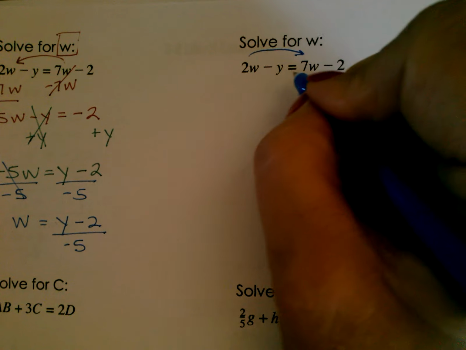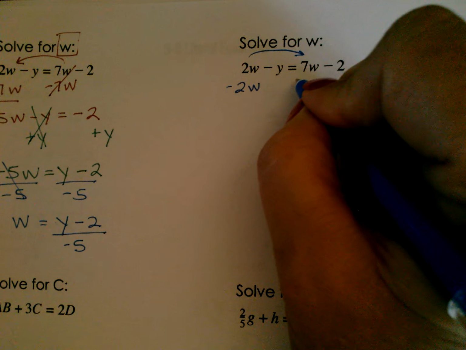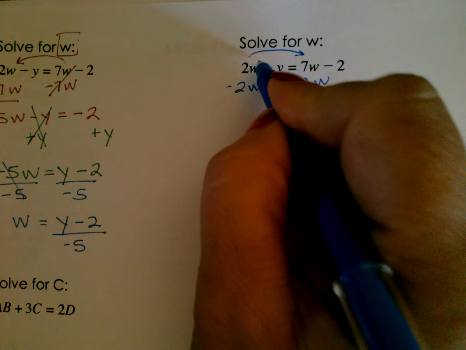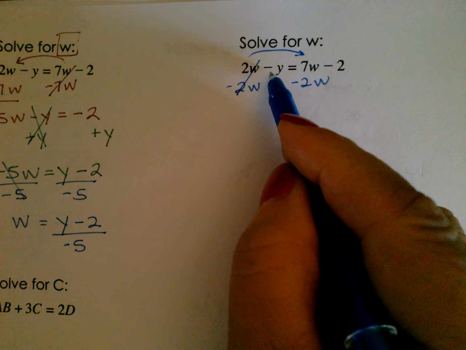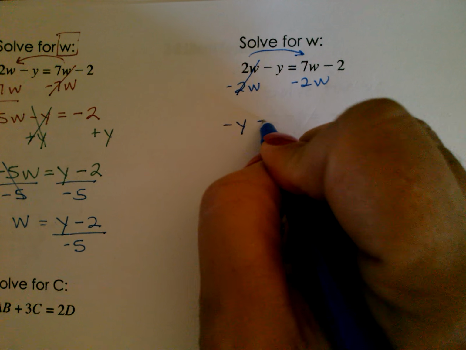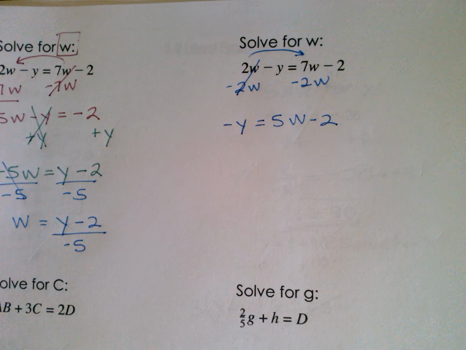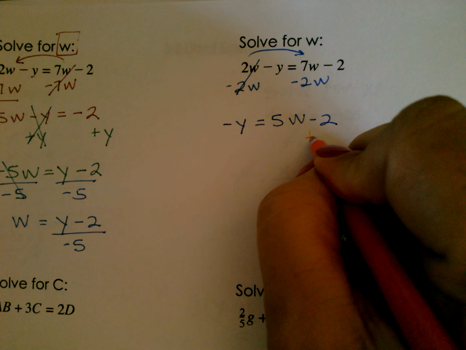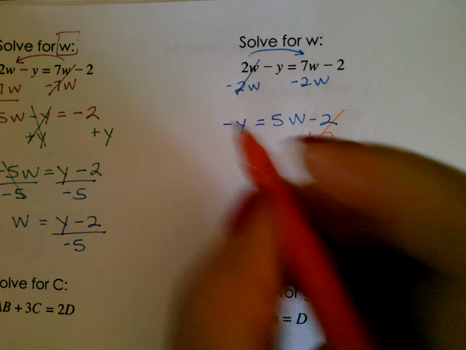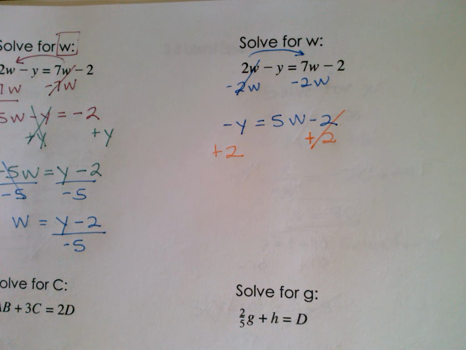I will now move my 2W's to the right. So I will subtract 2W's from both sides. Be very careful not to lose the negative sign. With a goal of getting the W by itself, isolated on one side, I would add 2 to both sides.